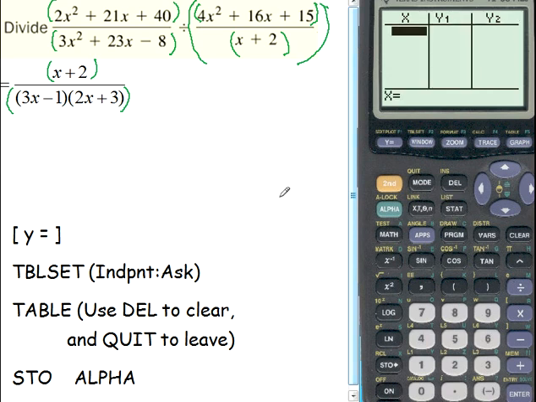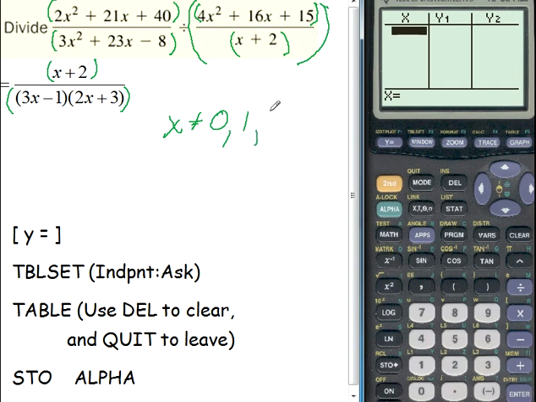Now, when you're checking an expression, you have to pick a value for x, and you don't want x ever to equal 0, 1, or 2 because of the special number properties of those numbers. So we're not going to pick 0, 1, or 2, and let's pick 5 for x.